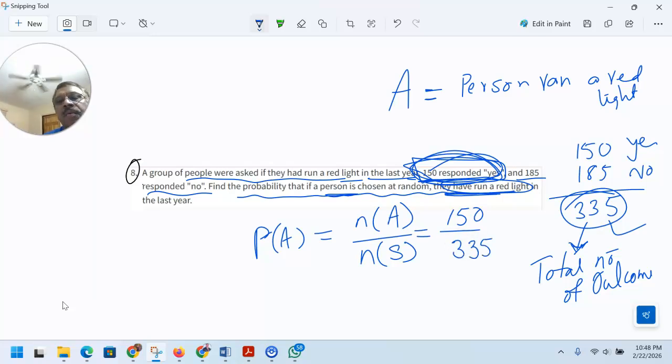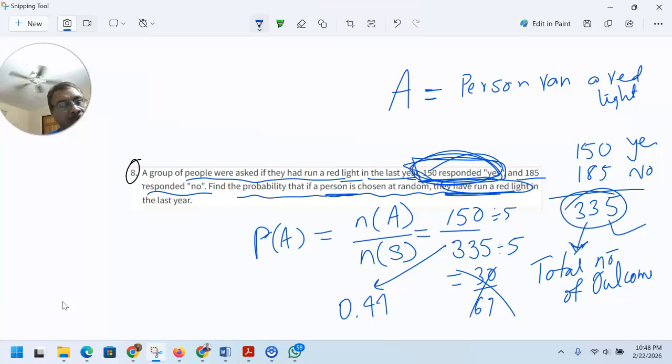If you want, you can reduce this by dividing by 5. But if you get confused, you can directly use the calculator. So this is going to be 30 over 67, or you directly use the calculator and you can get 0.4478.